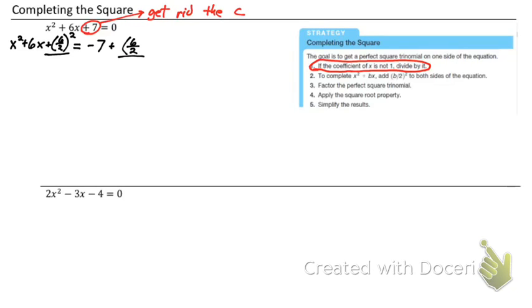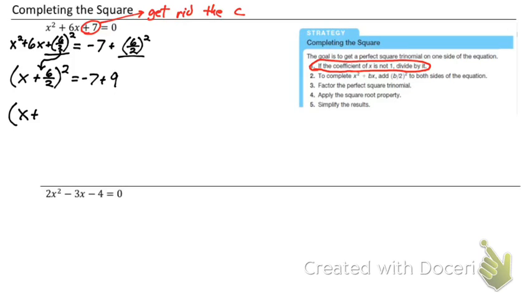Some things that people messed up on the test is you were just bringing down that 6 divided by 2. The square happens on the outside, so you bring whatever's inside down here and put the square on the outside. Our other side would be negative 7 plus 6 divided by 2, which is 3. 3 squared is 9.